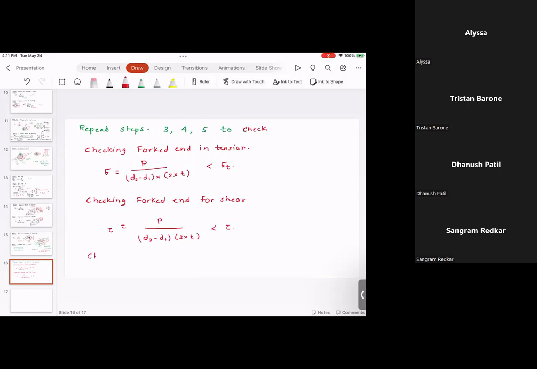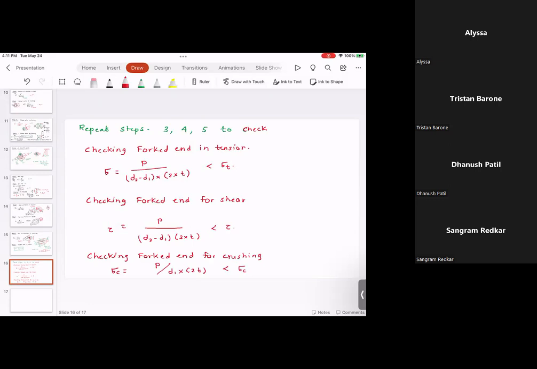And checking fork end for crushing, sigma C is equal to P divided by D1 times 2 times T, which should be less than sigma C allowable.